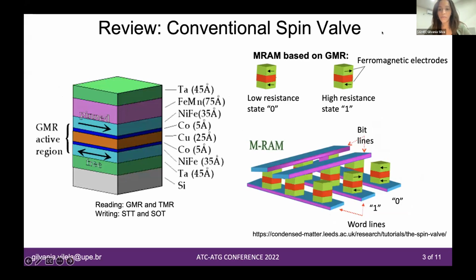So first of all, it is important to review what is a conventional spin valve. Looking just at the active region of a spin valve, you have two ferromagnetic layers spaced by a normal metal or an insulator.